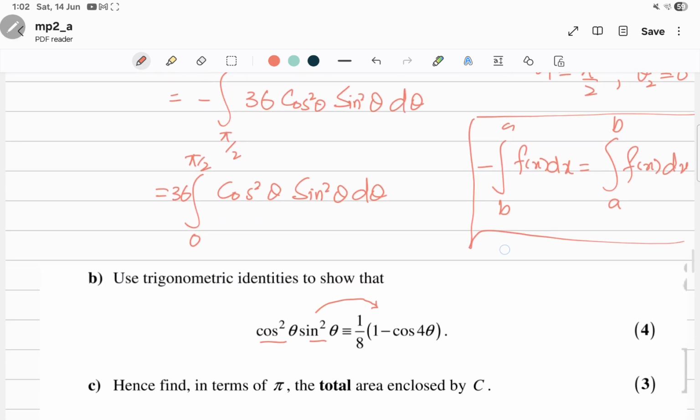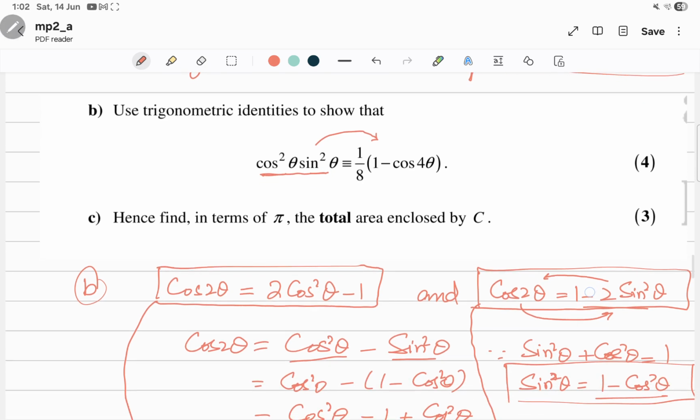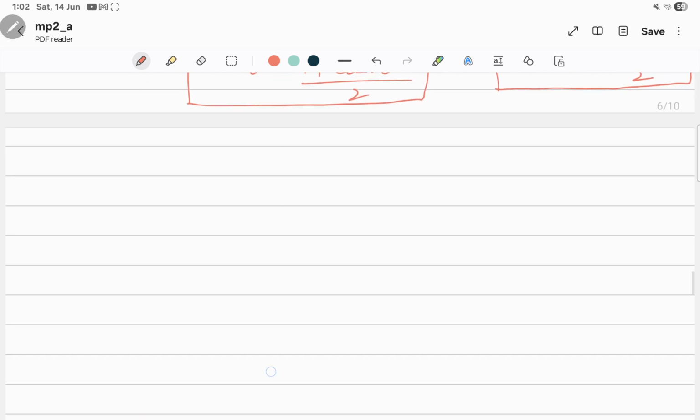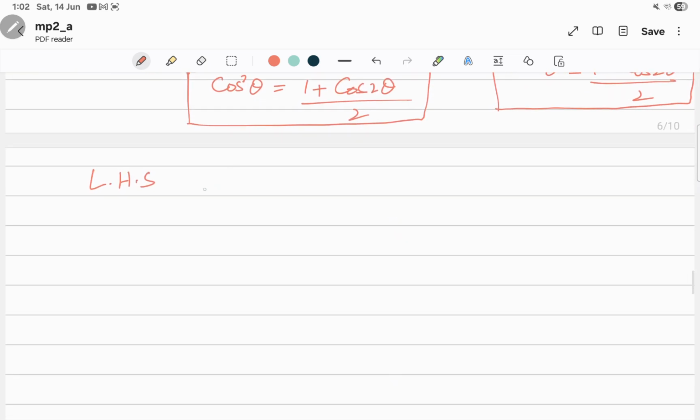Now if you can see this, cos square theta times sine square theta equals 1 over 8 times 1 minus cos 4 theta. So if you start from the left hand side, you can put the value of cos square and sine square, since the left hand side of the result is cos square theta times sine square theta.